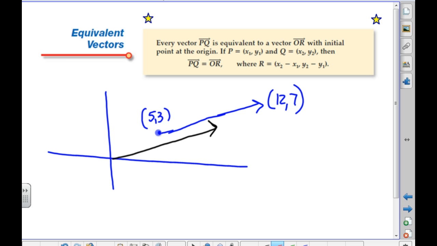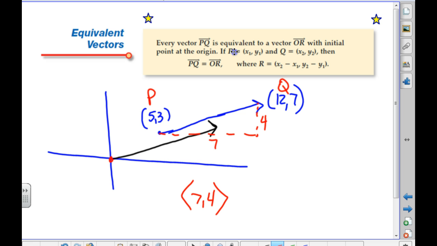What I'm going to do is say it went over how many and up how many. If this is P and this is Q, and it's going in this direction, from 5 to 12 would be over 7, and from 3 to 7 would be up 4. Is everybody okay with that? So if I slid it to the origin as P, this point Q would be at 7, 4. And we're going to talk about those funny parentheses in just a second.